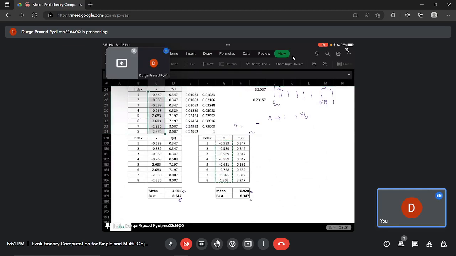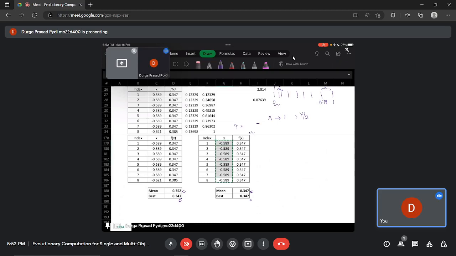You can see the value. Previously we had a value of 4.005, but now the mean fitness has changed to 0.928. So it has decreased. You then repeat it again. You see it decreased again to 0.352. You repeat it again and again till it has converged.